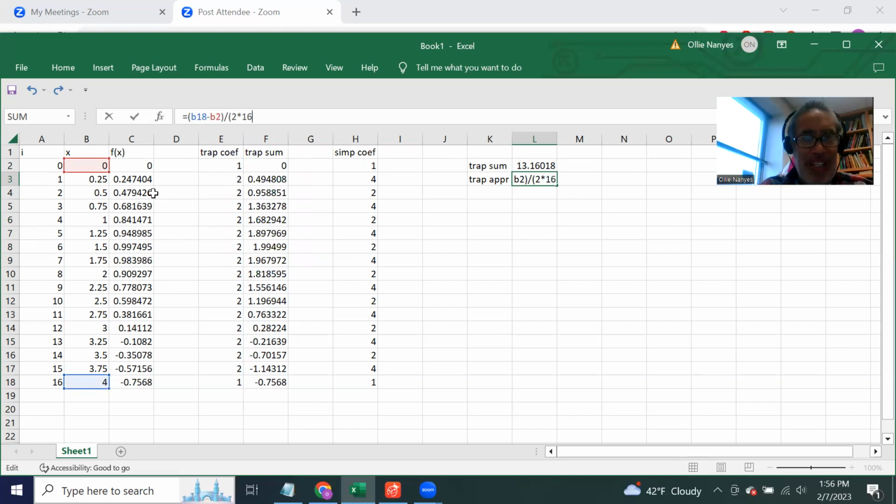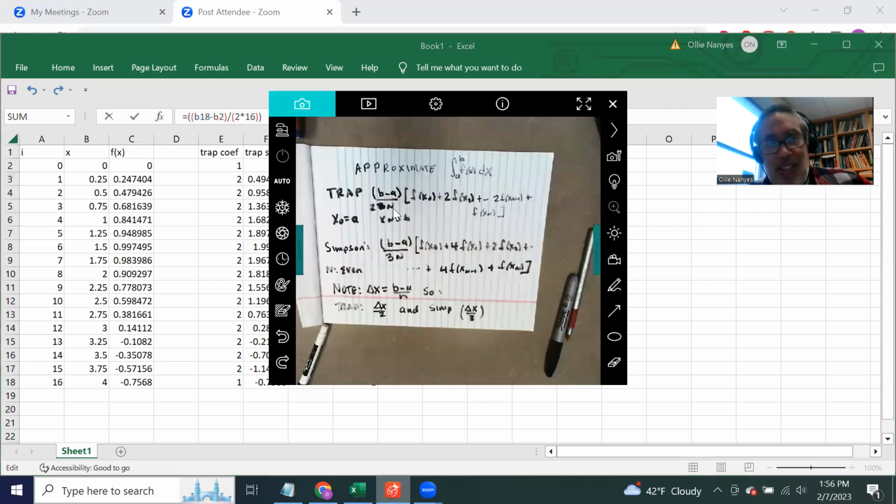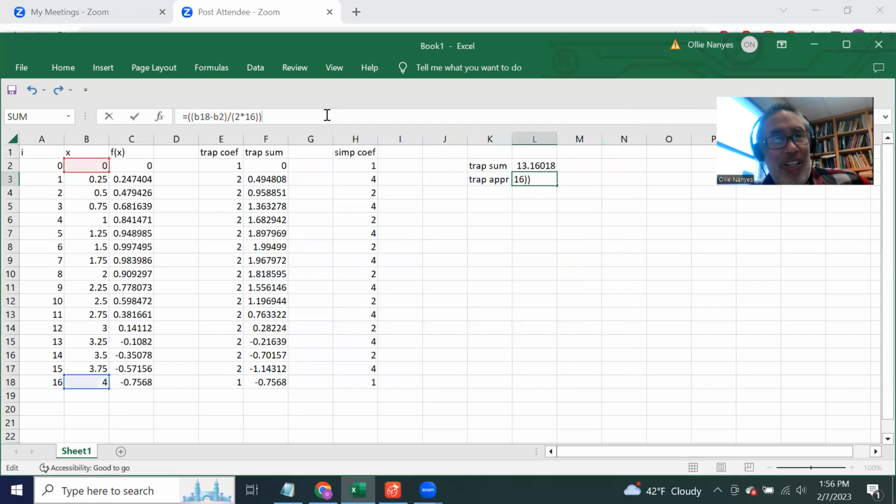So 2 times 16. I'll put this in parentheses. This part that I just did is B minus A over 2n right here. That's all that is.